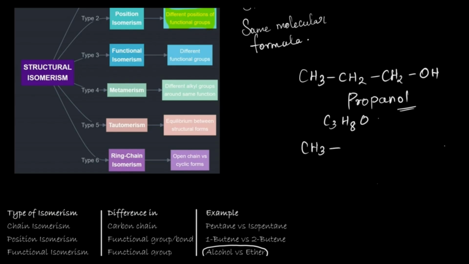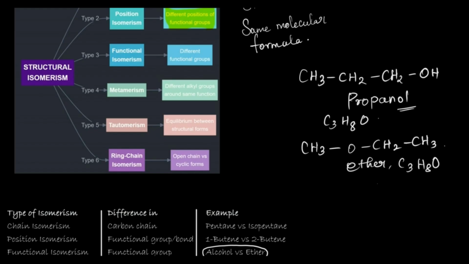If I'm writing it as an ether functional group, then that will become CH3, O, CH2, CH3. What is the name of this? Methoxyethane. Ether functional group. What is the molecular formula? C3H8O. Same molecular formula but different functional group. That is called functional isomerism or functional group isomerism.